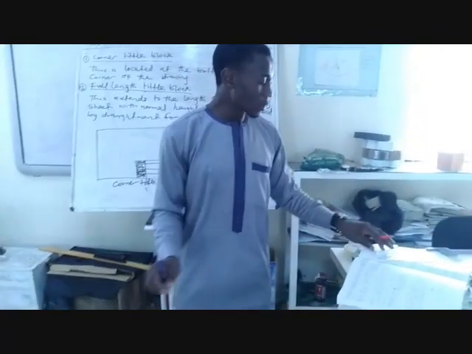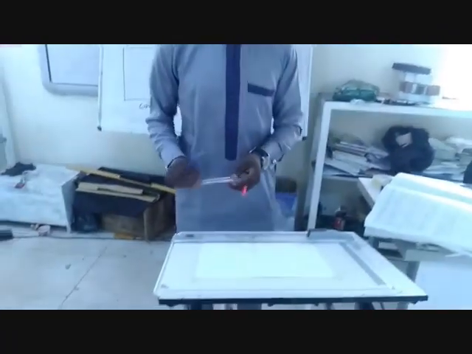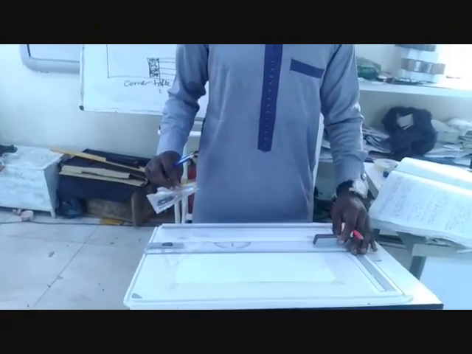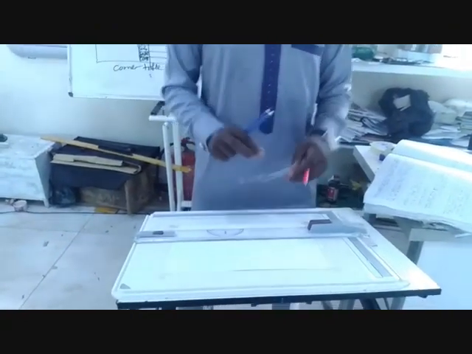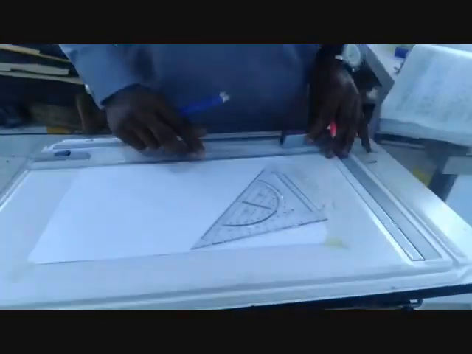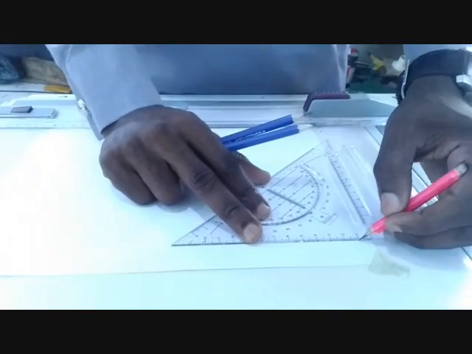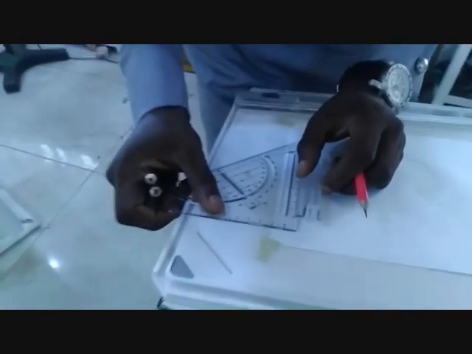And the instruments that can guide you to draw these vertical lines are our T-square and our set square. Here too you can measure 10 millimeter here. You can measure another one here like this.